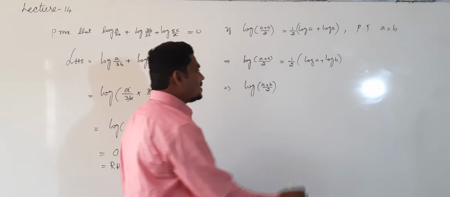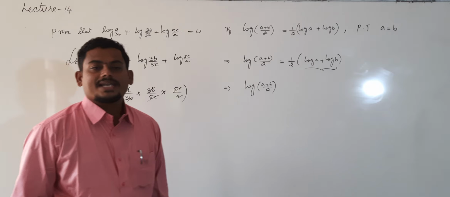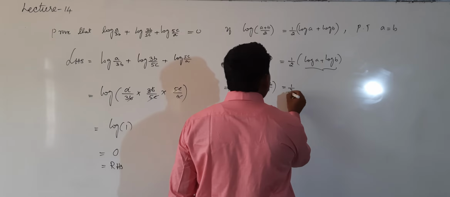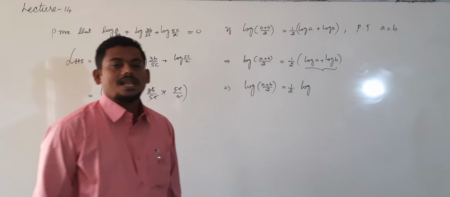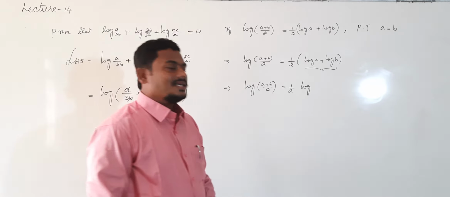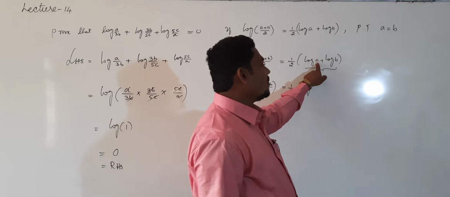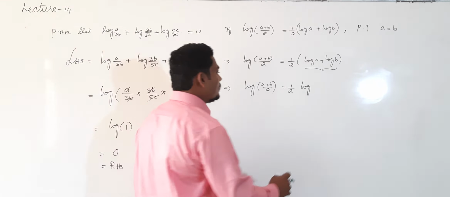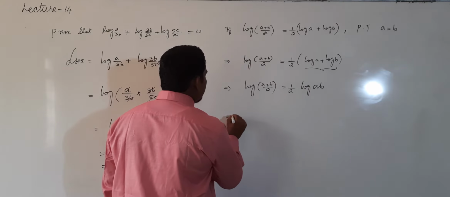In RHS, for these two terms apply log m plus log n. 1 by 2 remains as it is. Log m plus log n is log m into n. In place of m we have a, in place of n we have b, means log ab.